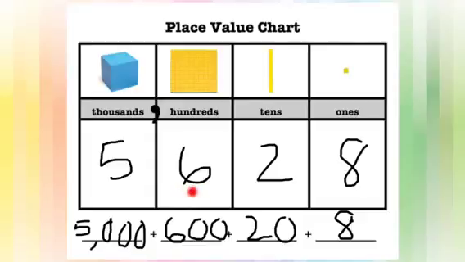What's the value of the 6? It's 6 and then 2 zeros. Same with the 2. It's a 2, and then since there's only 1 place to the right, there's a 0. And here's my 8, and there are no places to the right, so there are no zeros. So that's another way to understand that.